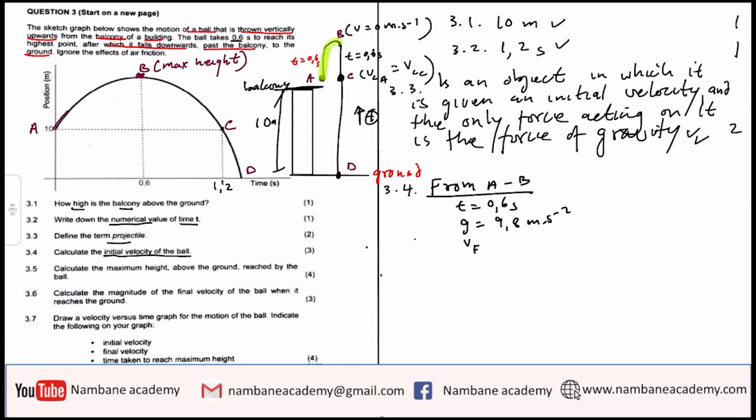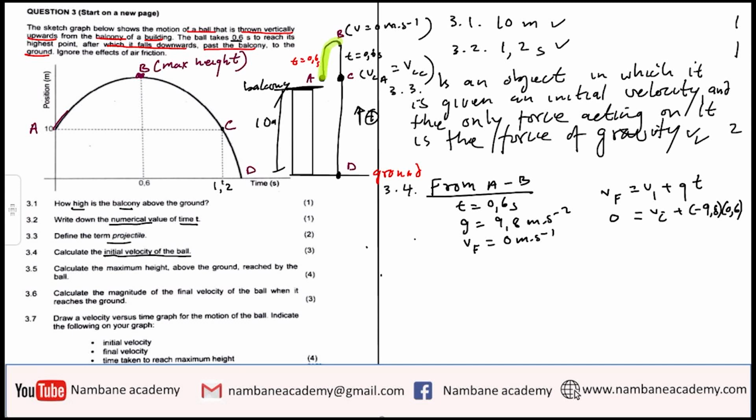Ladies and gentlemen, then it is easy to say V final is equal to 0 meters per second. Then I go to my formula sheet. V final is equal to Vi plus GT. 0, V initial is the question, plus minus because G is always acting downwards, 9.8 multiplied by 0.6.